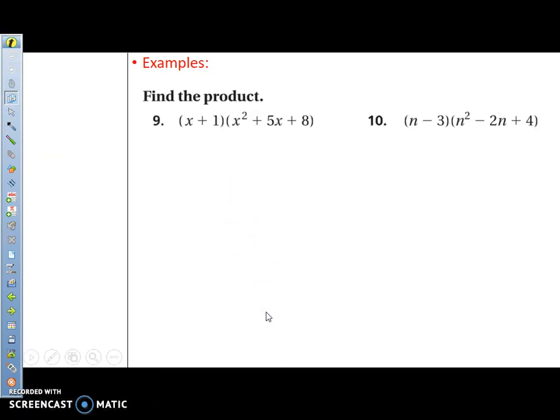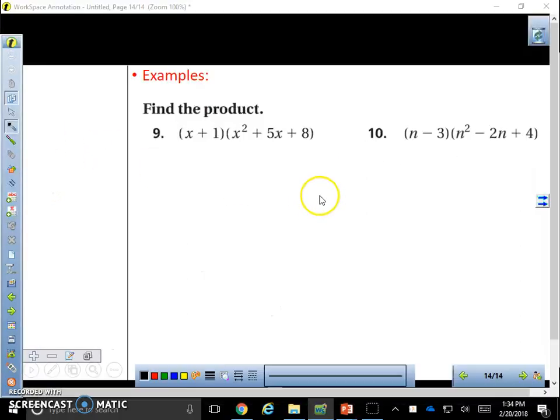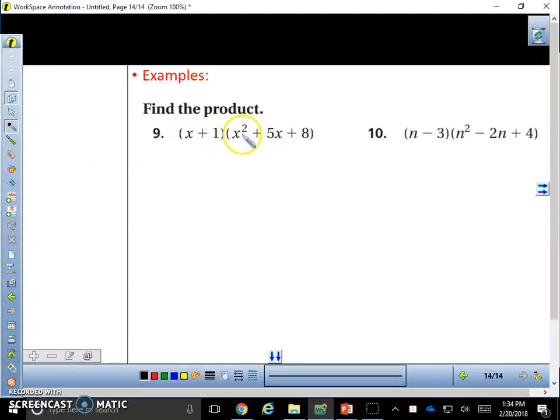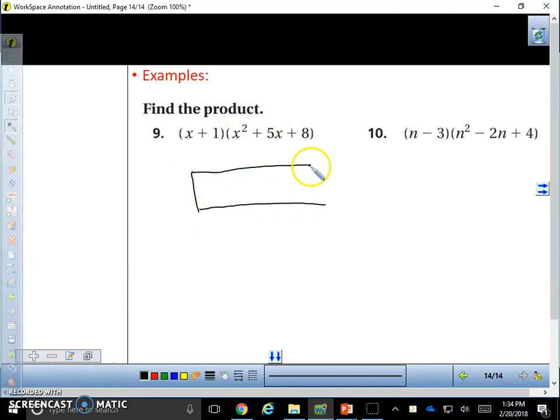All right. Here's where we run into trouble, because we have a binomial times a trinomial, and this is when we have to use a rectangular array, where we have x plus 1 times x squared plus 5x plus 8.